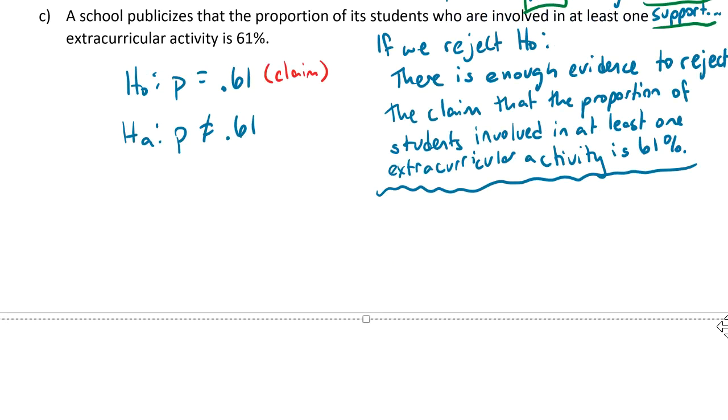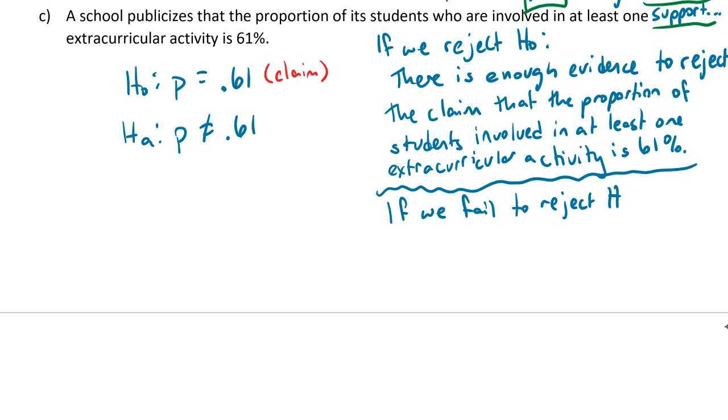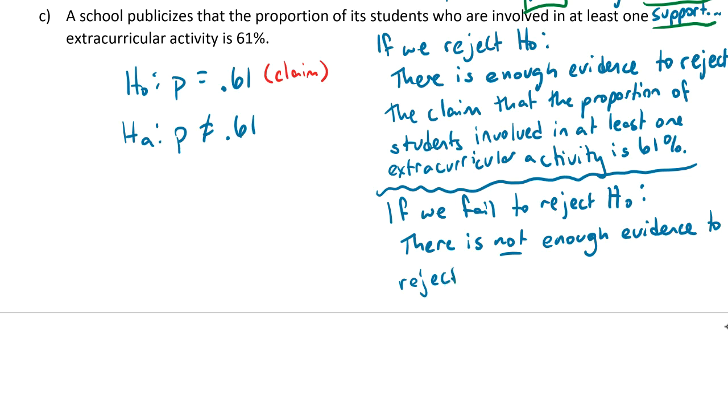And again, same as all the others, if we fail to reject the null hypothesis, then it's going to be the exact same, other than we're going to put there is not enough evidence to reject the claim that, and again we're just going to put that exact same claim.